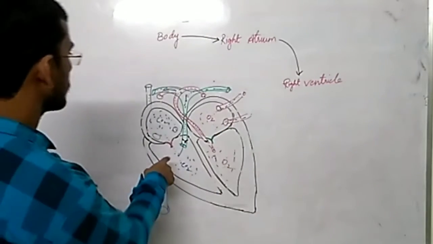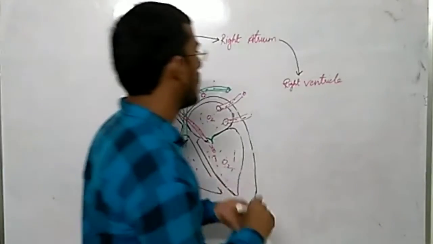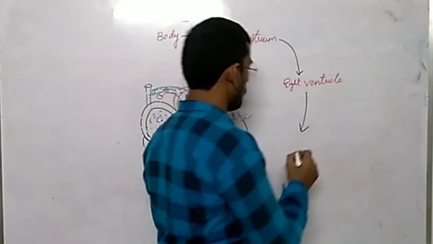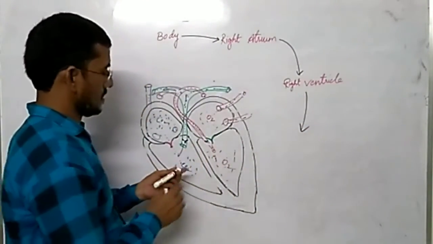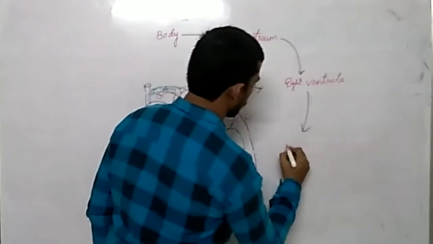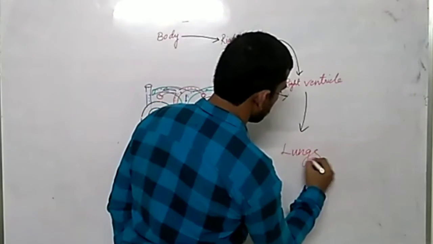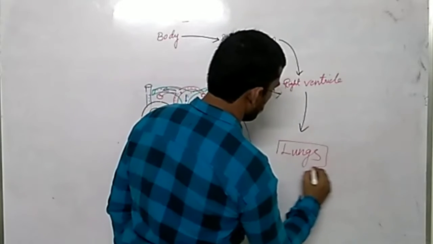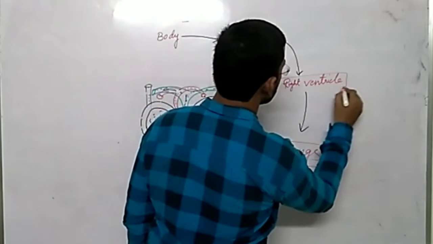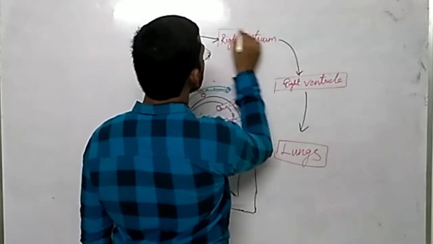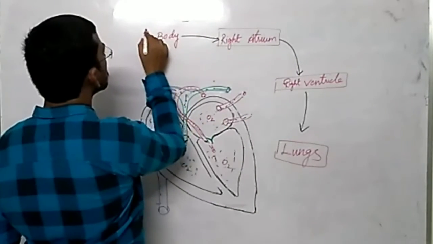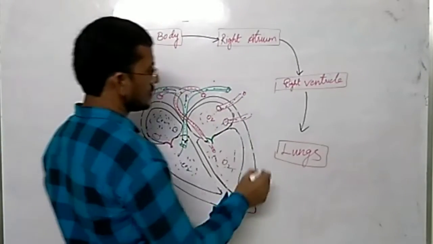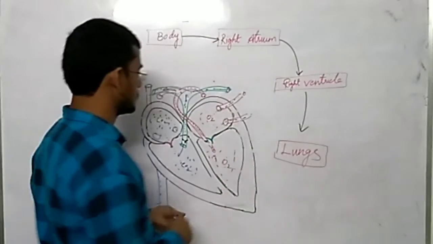From right ventricle, blood will go to lungs.